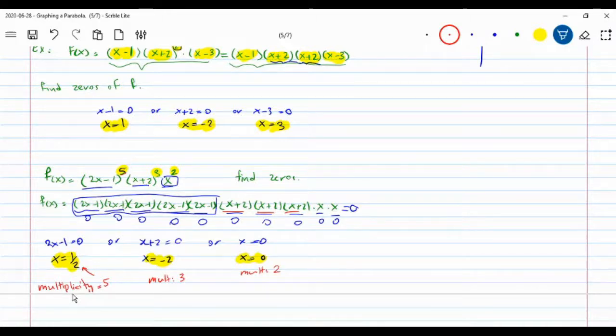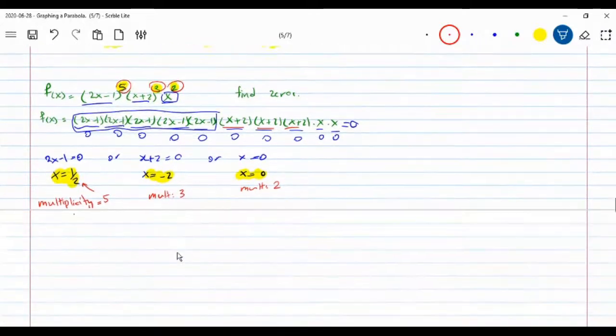And these correspond exactly to these exponents. This is if you factored it properly and you found all the solutions. Therefore, the multiplicity tells you how many times you have that solution repeated. So the solution x equal to 1/2 shows up 5 times, x equal to -2 shows up 3 times, x equal to 0 shows up 2 times.